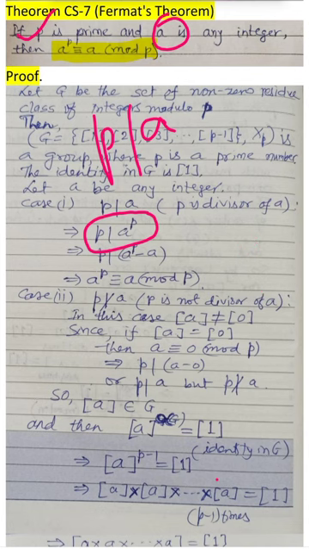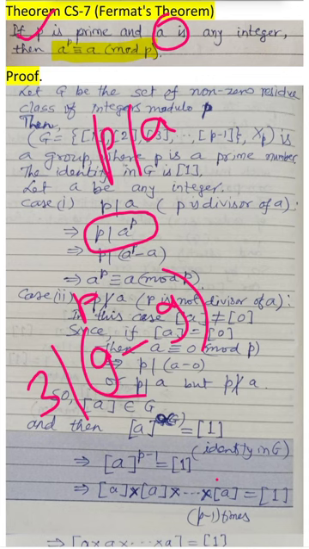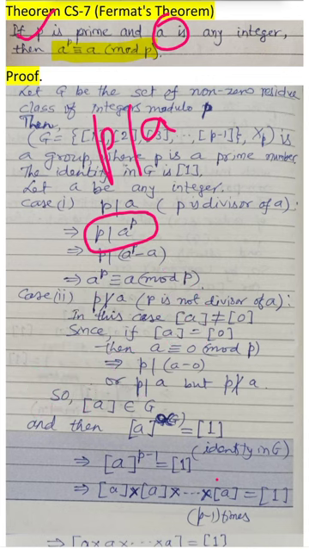And in this example, if P is the divisor of 9 raised to the power P, it means also divisor of -9. That is, we can say that P is a divisor of A raised to the power P minus A also.